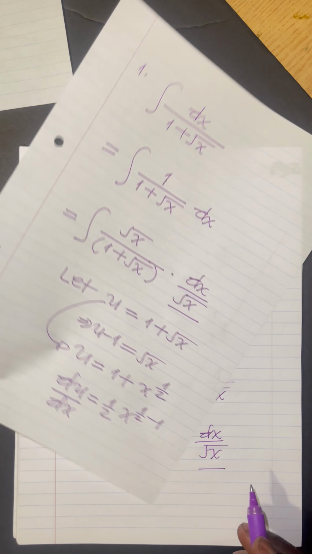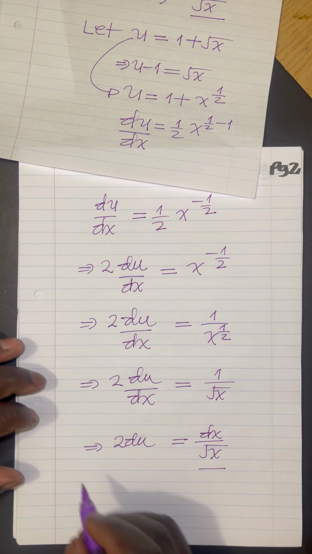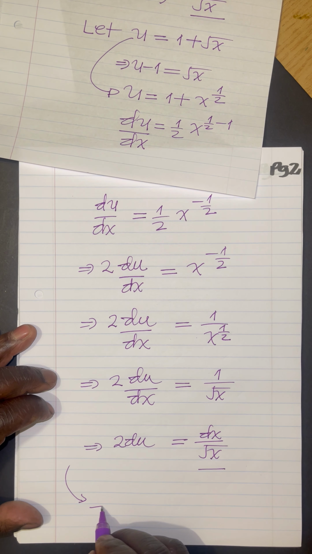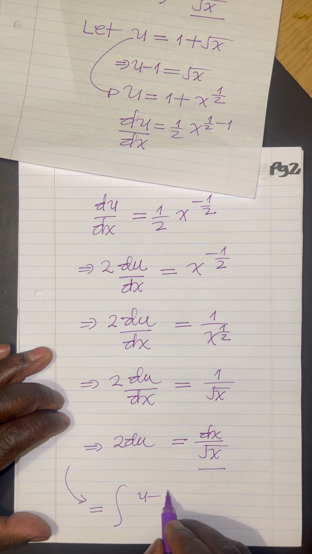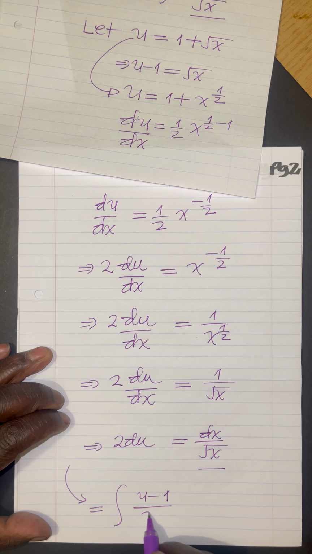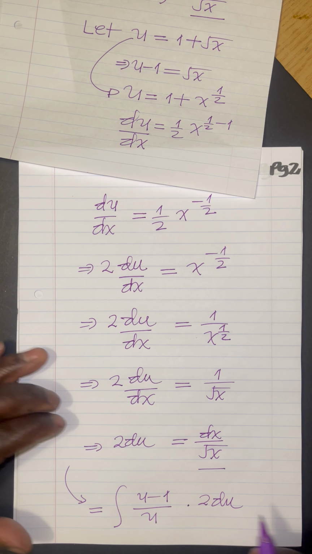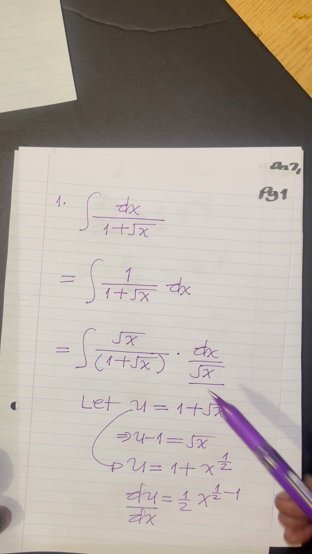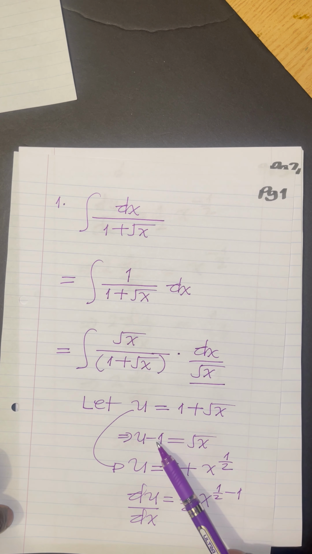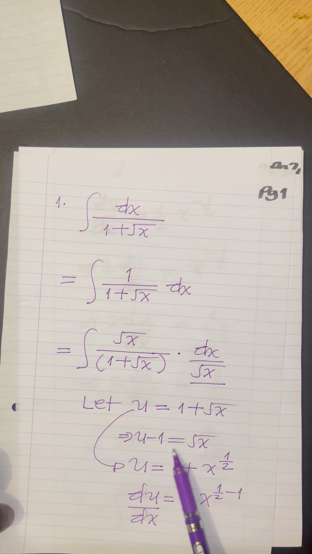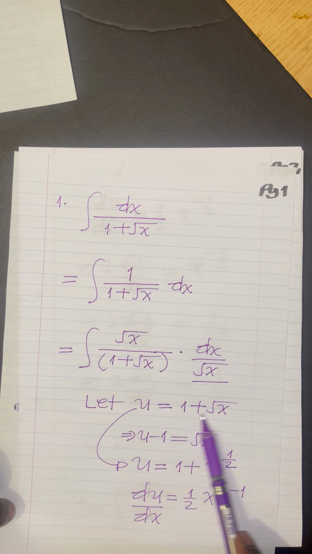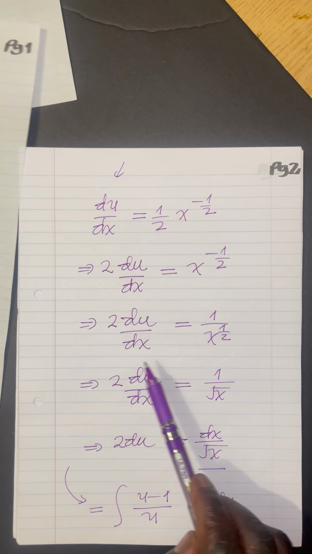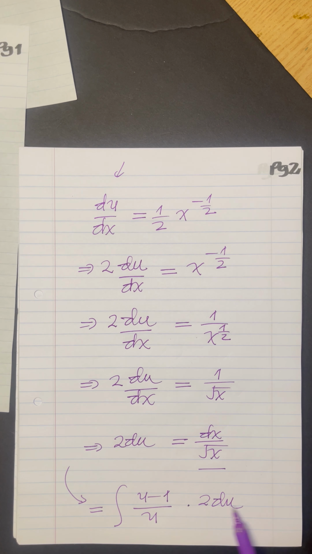So our integral changes to the integral of u minus 1 in the numerator all over u, and then multiply by 2 du. If you notice here, square root of x is actually equal to u minus 1. That part there will be u, as you can see. And then this expression here should be replaced by 2 du, like this.